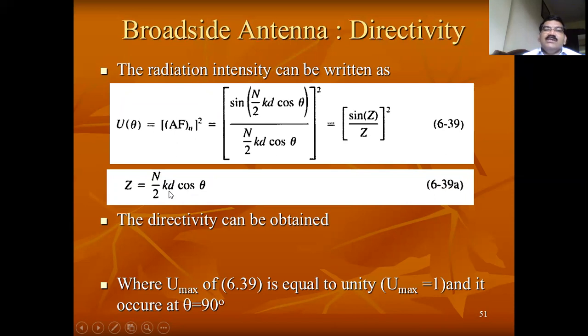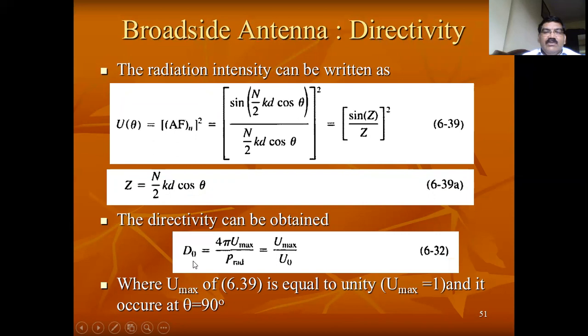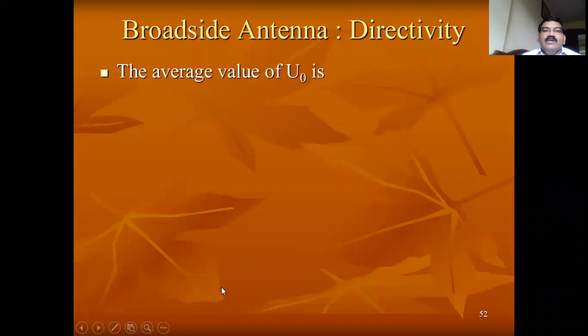K is a constant, d is the separation. The directivity can be obtained. This is the general formula for the directivity: 4 pi U max upon P radiated, or U max upon U0. So by using this formula, we can put in the values.